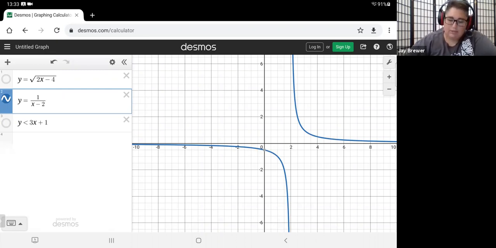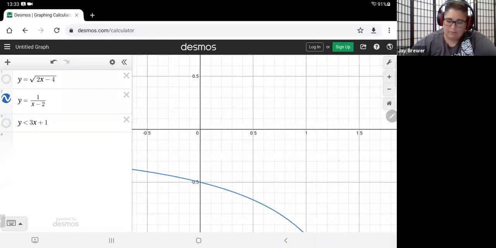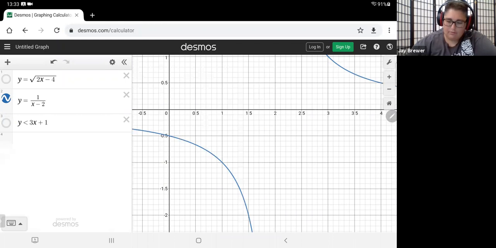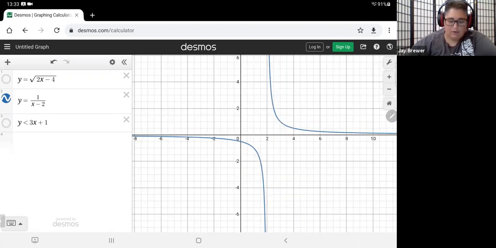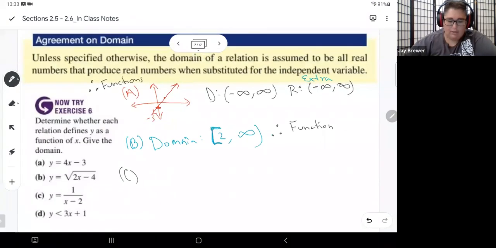But what you need to notice here is that you come really close to 2, but you are never crossing it. Although this is a function, it is not crossing or touching the 2.